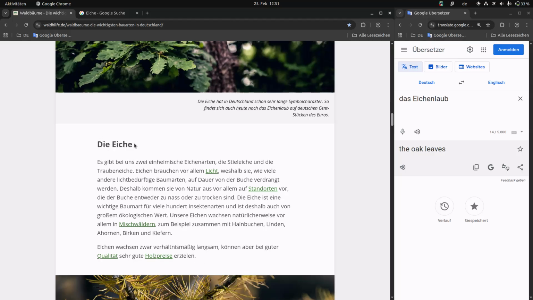So, the oak. In terms of the first sentence, I'm first gonna translate that. Es, it, gibt, gives. This is the typical there is, there are in English. In German it is always es gibt eine, es gibt zwei, es gibt tausend. There is one, there are two, there are 1,000.